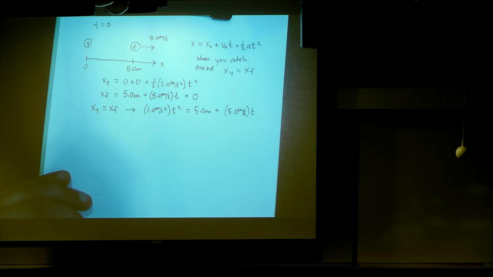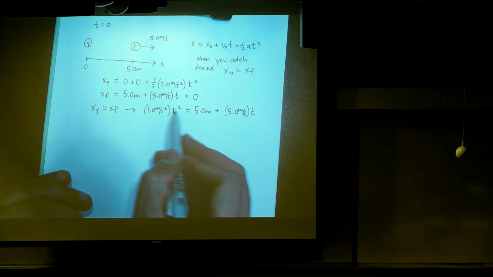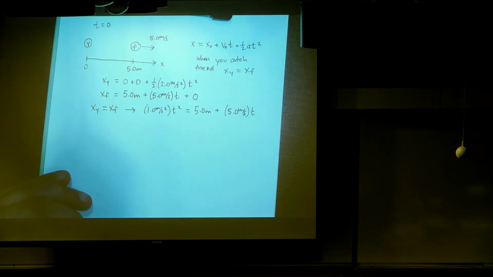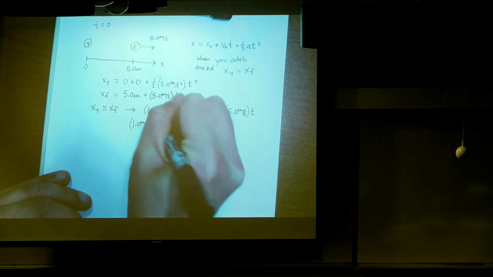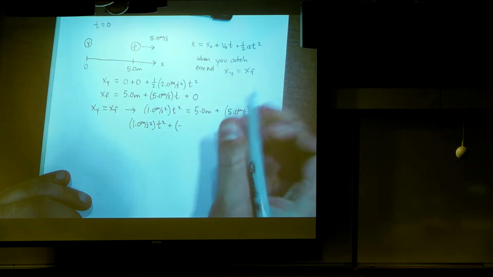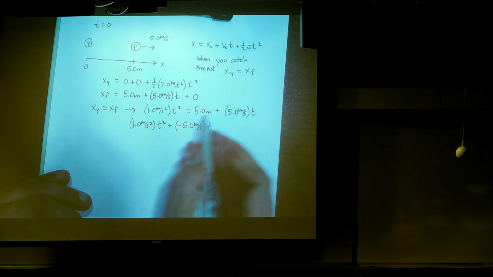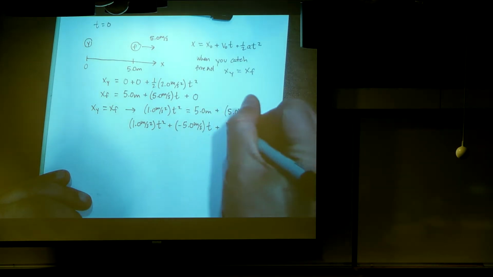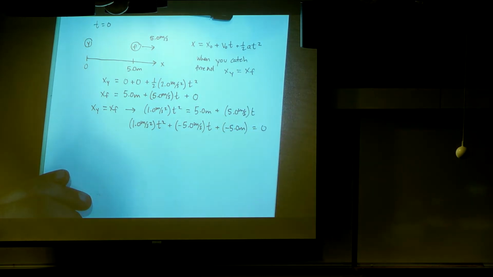Yeah, I just got to move all the terms to one side of the equation. So how about I'll just move these two terms over to the left by subtracting them. So I have 1 meter per second squared, t squared, and then minus, I'll say plus negative, 5 meters per second times t, so that's moving that over, and then plus negative 5 meters equals 0.